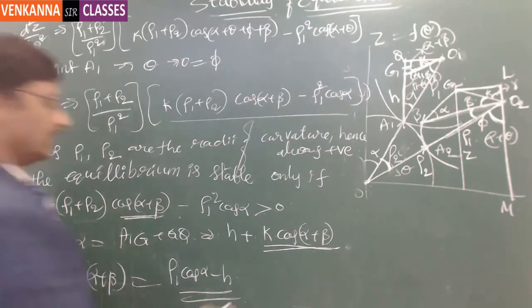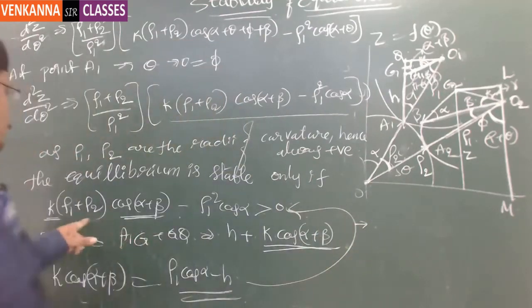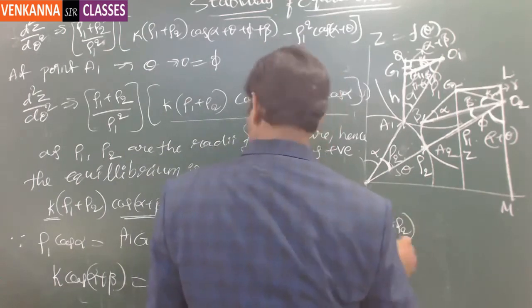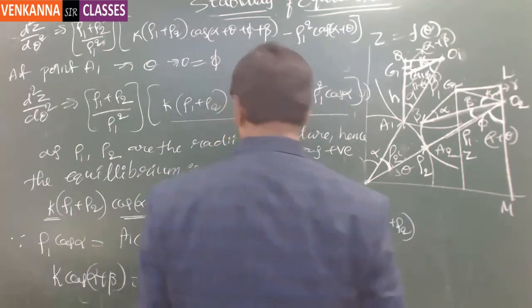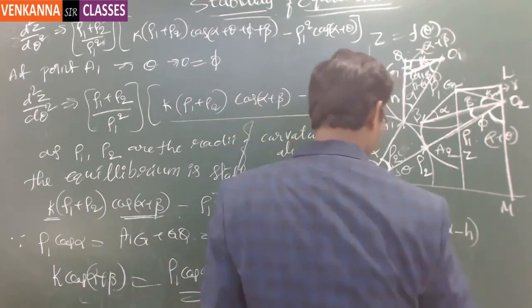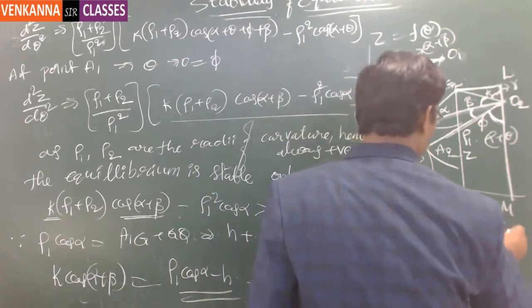Now from this relation, if you put it here, then rho 1 plus rho 2 times k times of cos alpha plus beta can be replaced as k rho 1 cos alpha minus h, minus rho 1 square cos alpha.